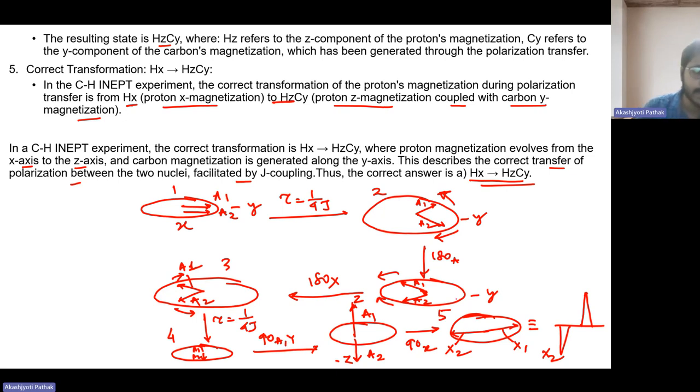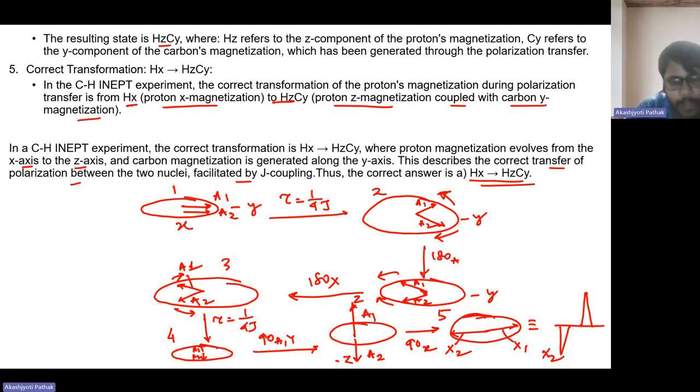So the vector evolution of spin magnetization components at different time points, 1 to 5, I have shown in this INEPT pulse sequence. Because of this pulse sequence, we will get this scheme. Okay, so this is it.